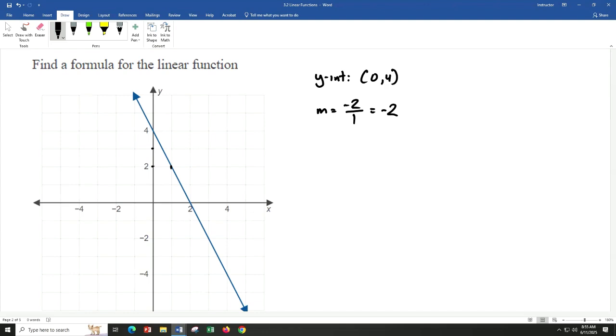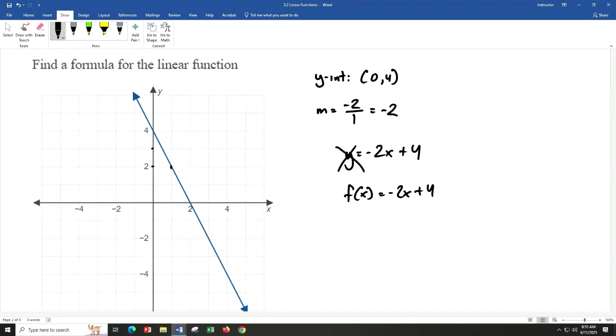Doesn't that give me a formula now? So y is equal to -2x plus 4. Is that good? Exactly. We are not dealing with y anymore. You gotta remember it's f of x. You good on that one?